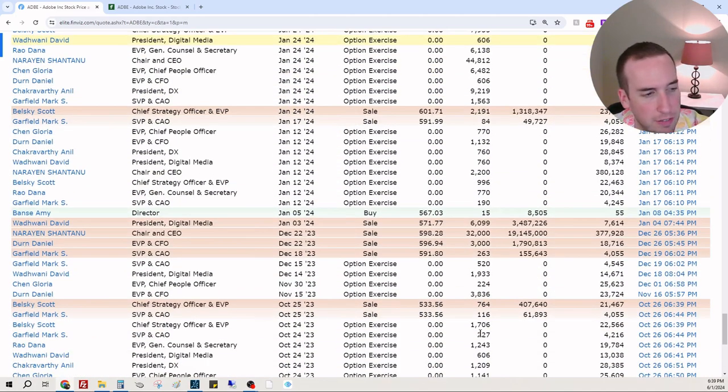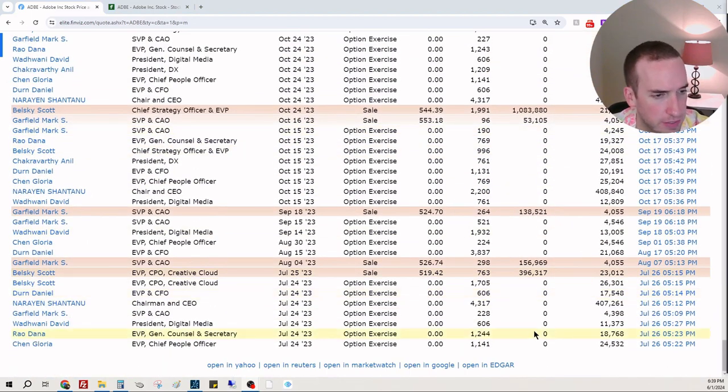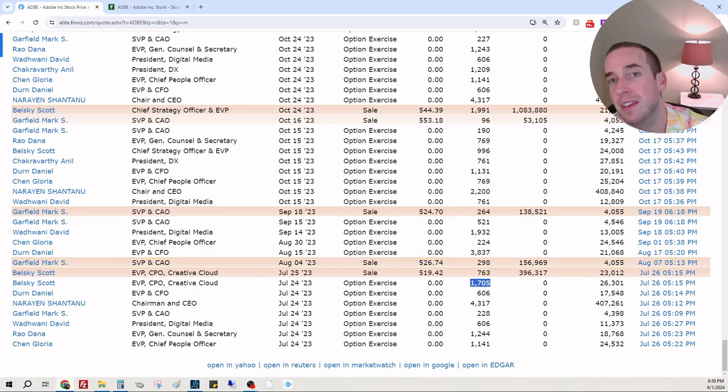Obviously overall I don't see any red flags, but very nice. Mark Garfield sold 298. Scott sold 768, got 1705. Nice. Garfield 228, 298. Okay, very cool.